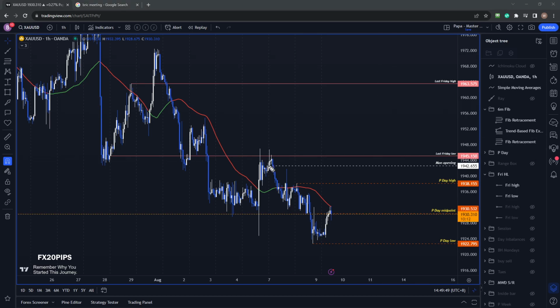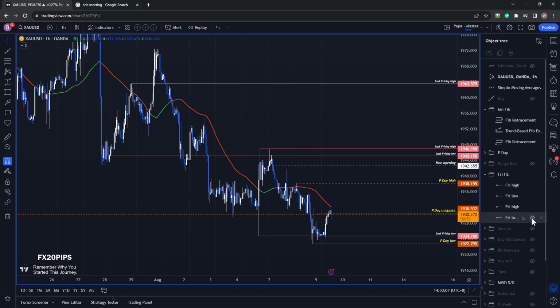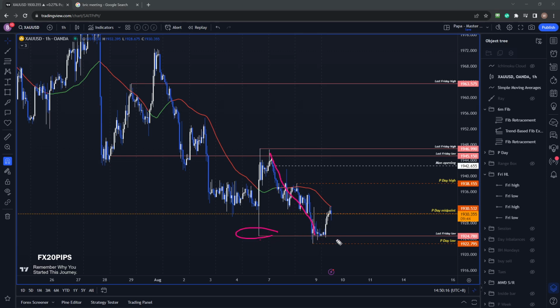When Monday opens, it touches once on the previous Friday high here, and then it drops off. Then where it bounced off is the current Friday, which is here. So Monday open, drop all the way to the bottom of last Friday.